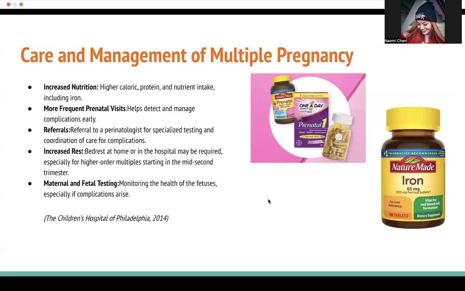Care and management of multiple pregnancy. If you have a multiple pregnancy, you want to increase nutrition, like higher caloric, protein, and nutrient intake, including iron. When I was pregnant with my twins, I was told by my OB I needed to take in more nutrients.